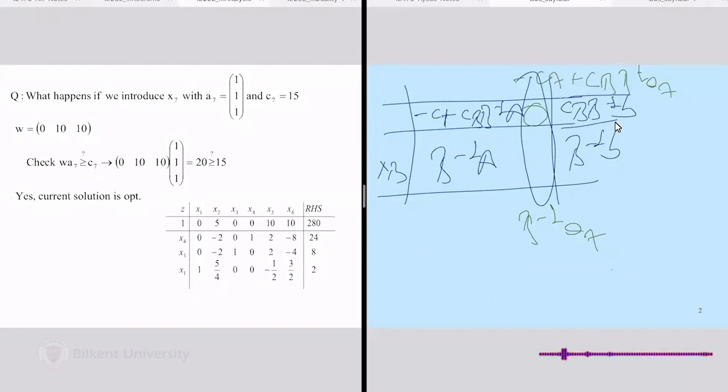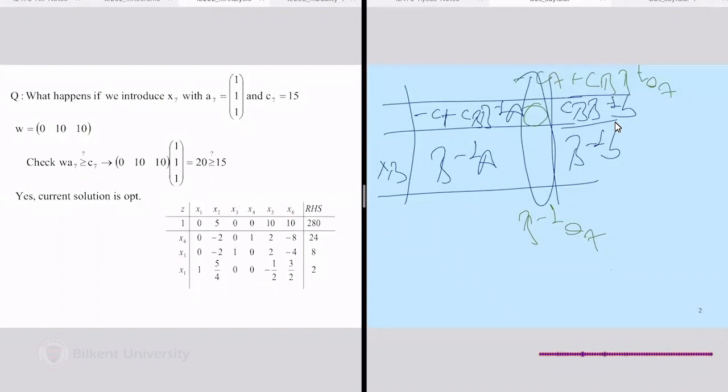I may lose my optimality, because that decision may lead me to a suboptimal solution. But I cannot lose feasibility, because X7 is 0, and I'm still feasible.